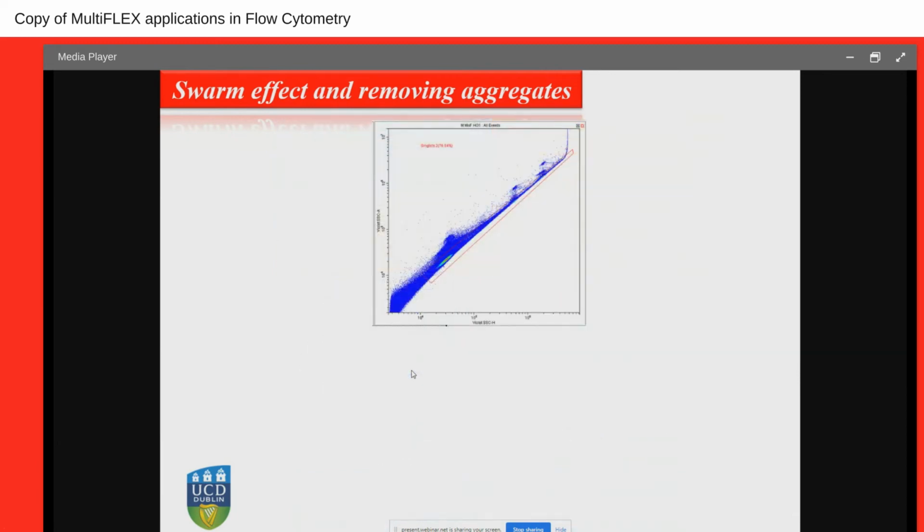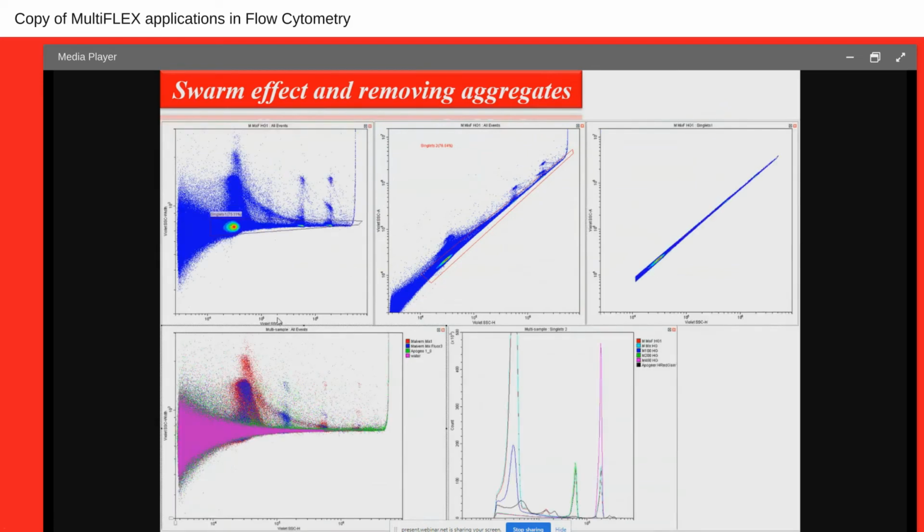The other thing, if we want to make sure that we are working with single events, even if we have a very low number of events, is trying to remove the aggregates. Again, area versus height. We use in this case the violet side scatter. It's quite difficult to see where the border is between aggregates and singlets. What I found is that by using the height versus the width here, we can nicely separate my single events from the aggregates.